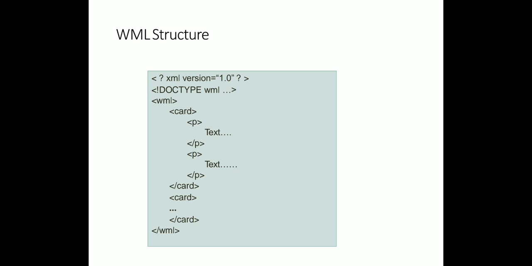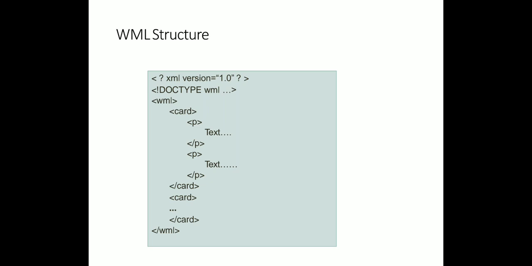So when you are using doctype WML and providing the public link beside it, you have to correctly download or copy that link at that particular location, so that whatever tools are available with that link will get automatically generated. Then the body is enclosed within a WML tag.